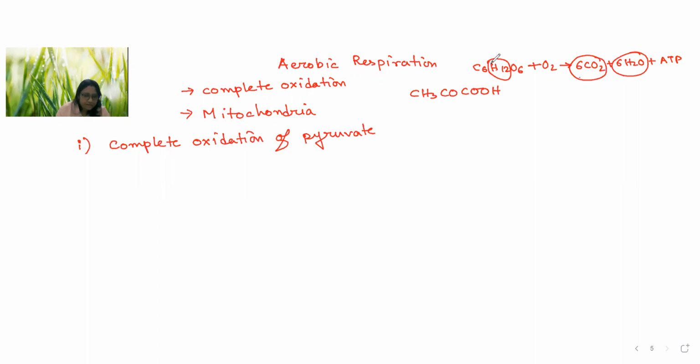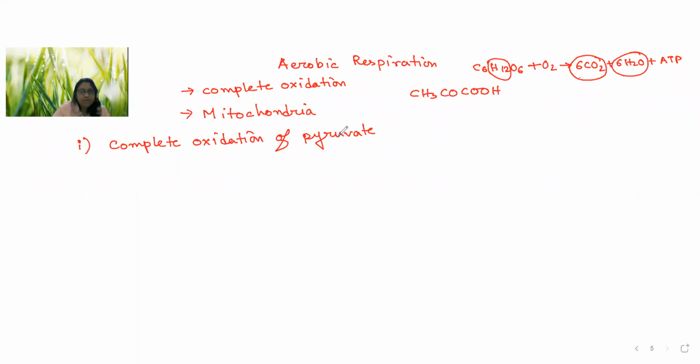Is it clear? Because oxidation means addition of oxygen, it is also talking about removal of hydrogens too. Isn't it? Yes or no, class? Yes, ma'am. So how is this done?